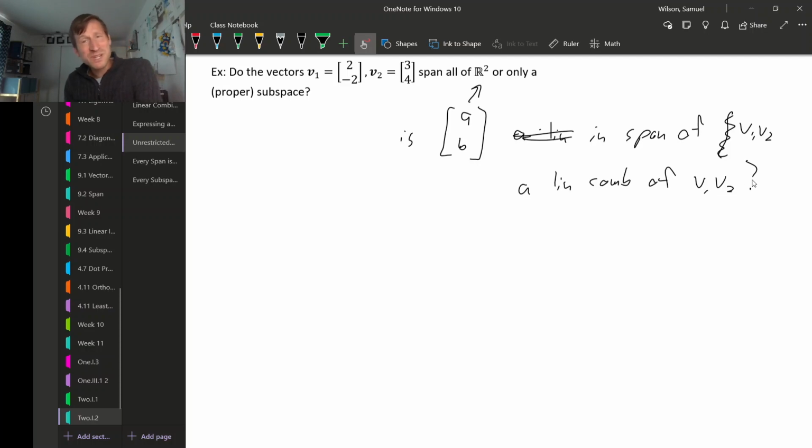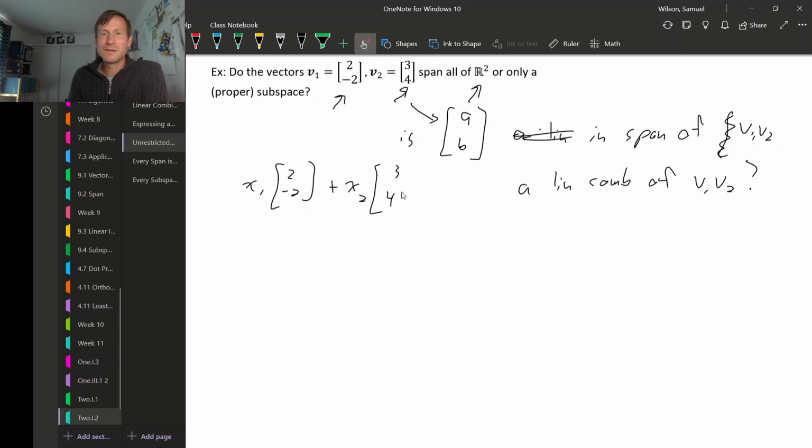Well, this is a question we know how to answer. We have seen before that if we want to know if one vector is a linear combination of other vectors, all we need to do is solve a linear system that looks like x1 v1 plus x2 v2 equals the vector that we're aiming for, which is (A, B).